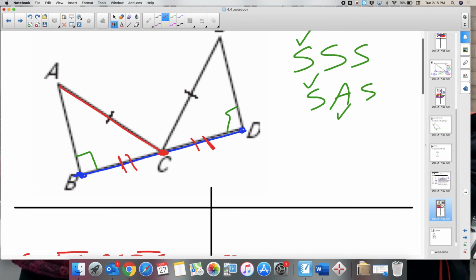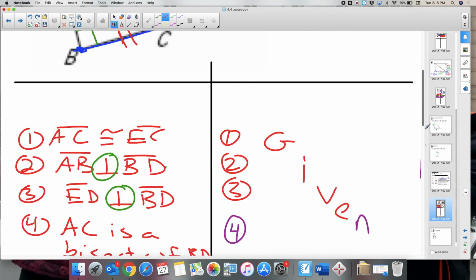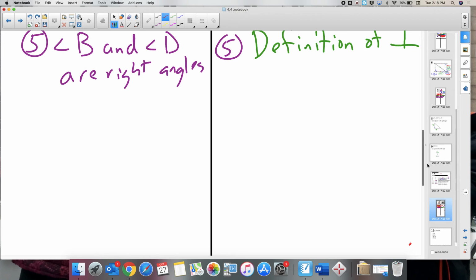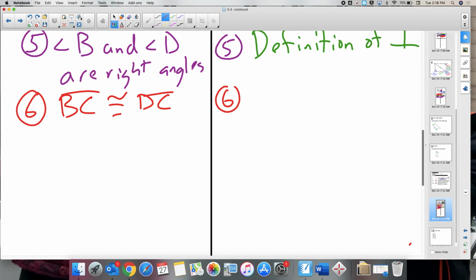So BC will be equal to DC. For our reason, what told us that? They said that AC was a bisector of BD. So once again, that word bisect told us that. So it is going to be the definition of bisector.